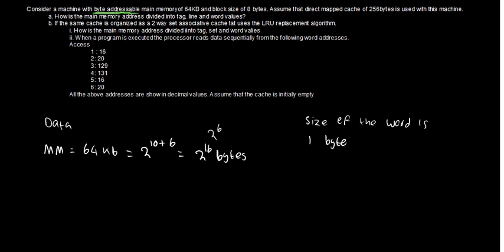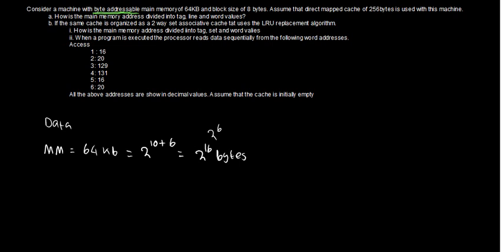So this is the same as saying 2 to the power 16 words. We are going to elaborate on this when we look at a question that isn't byte addressable but is word addressable, which can be confusing, but we're going to encounter that later.